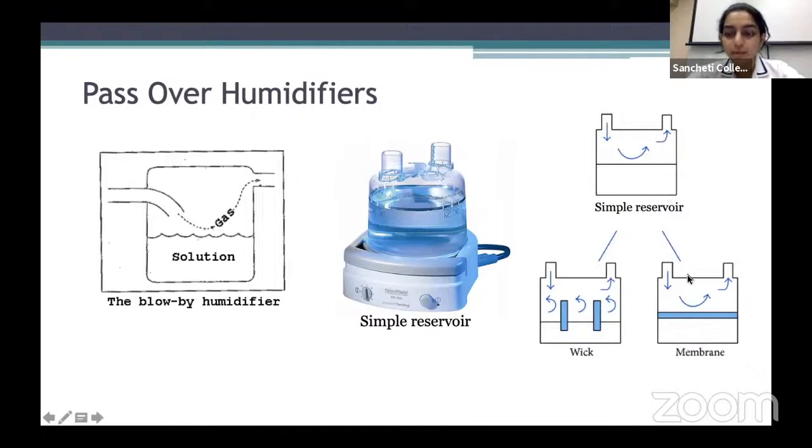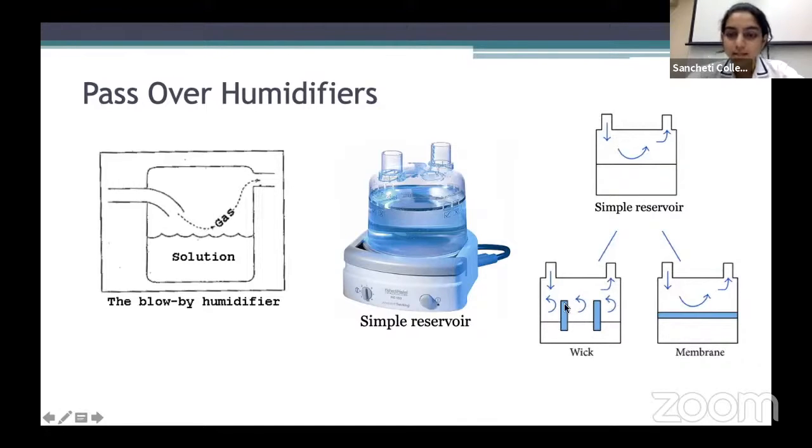Apart from the simple reservoir, you also have two other forms of pass over humidifiers. One is called the wick type and the second is called the membrane type. Basically, the purpose of these two forms is to somehow increase the surface area over which the air is passing.